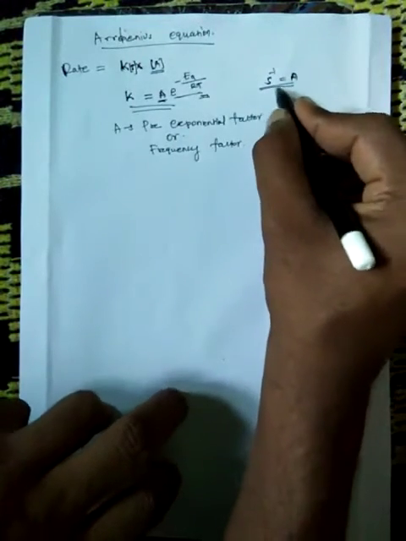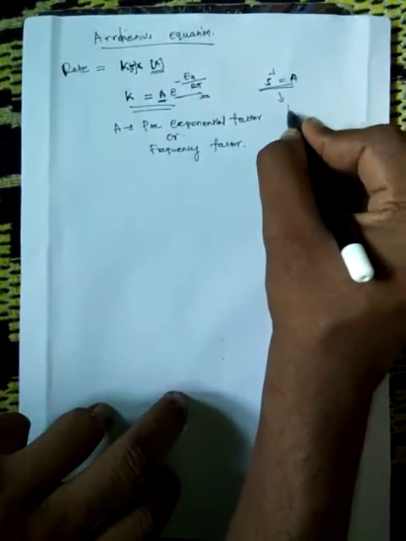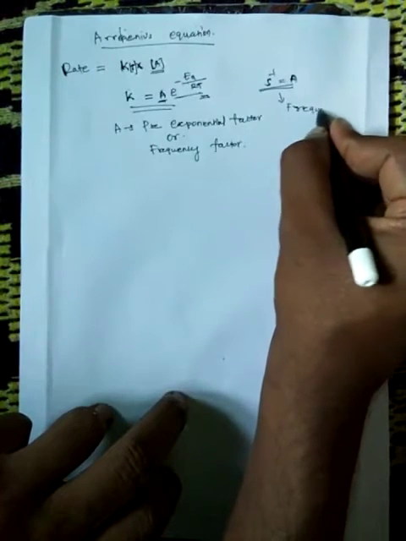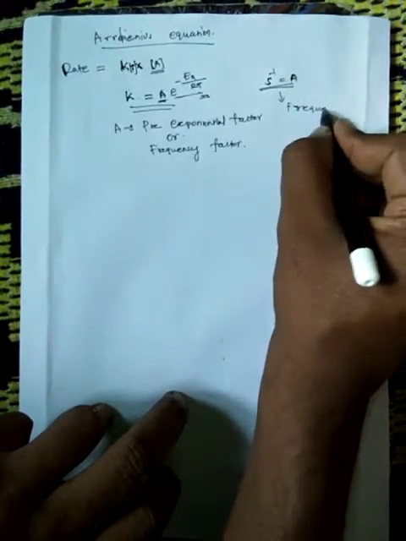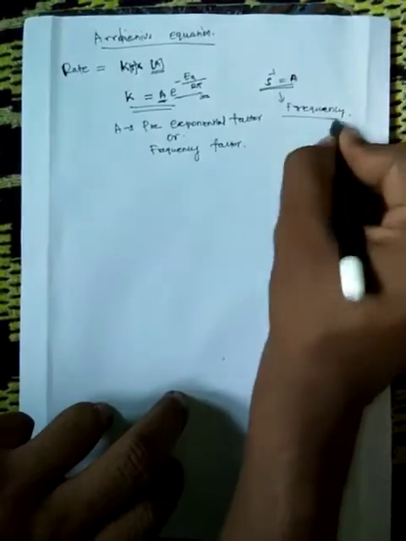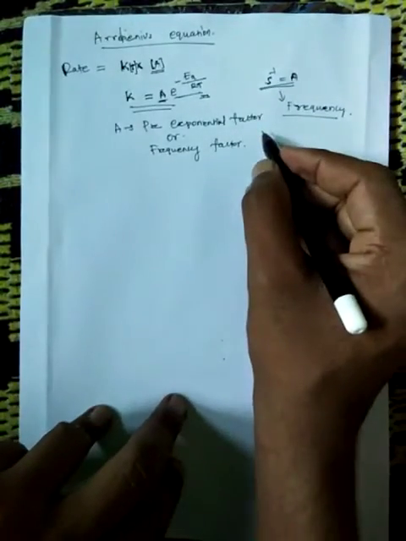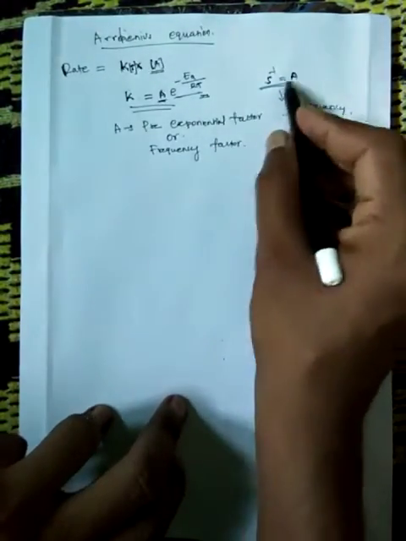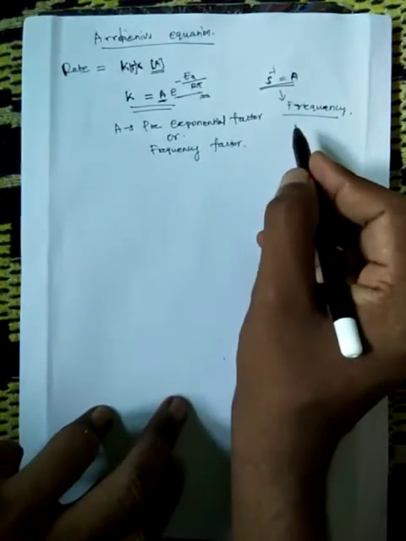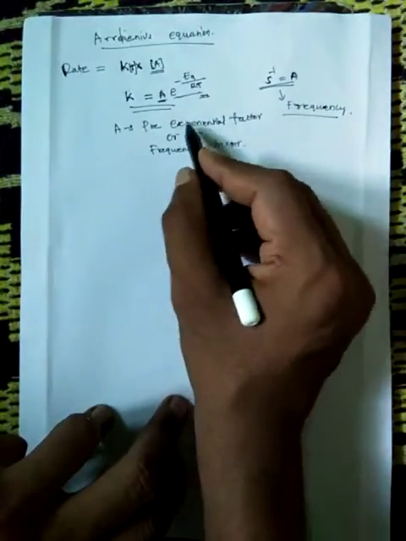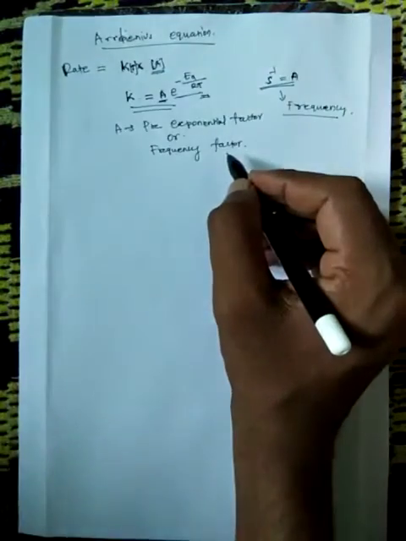So second inverse is actually the unit for frequency, right? Frequency, cycles per second. That is why A is said to be the frequency factor. So either you call it the pre-exponential factor or the frequency factor.